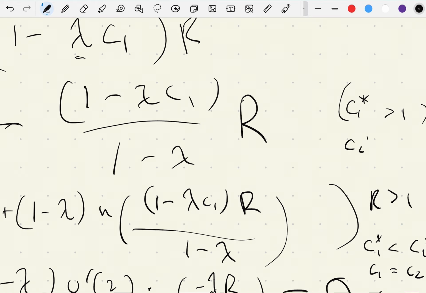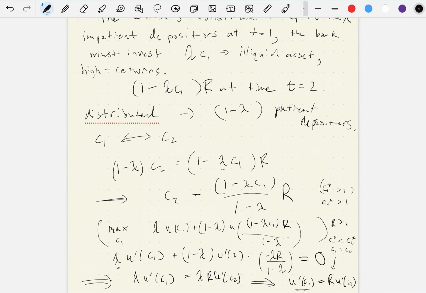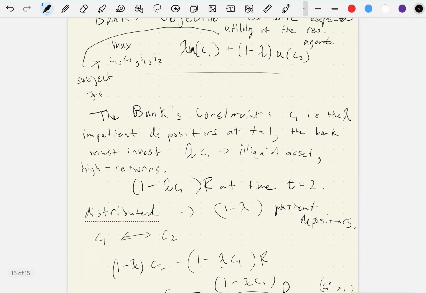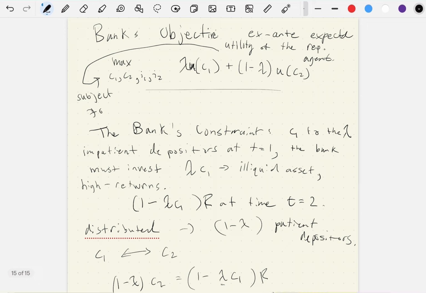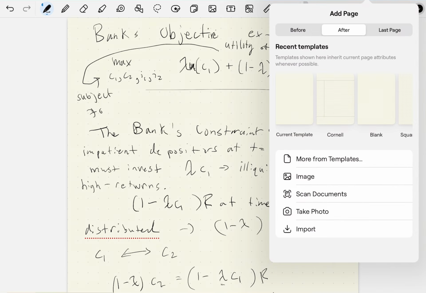And this offers patient depositors a better outcome as well, which is that C2 is greater than C1. Okay, so by pooling risk, the bank improves welfare for everyone in general. This is the economic justification for maturity transformation, which is the insurance of liquidity.